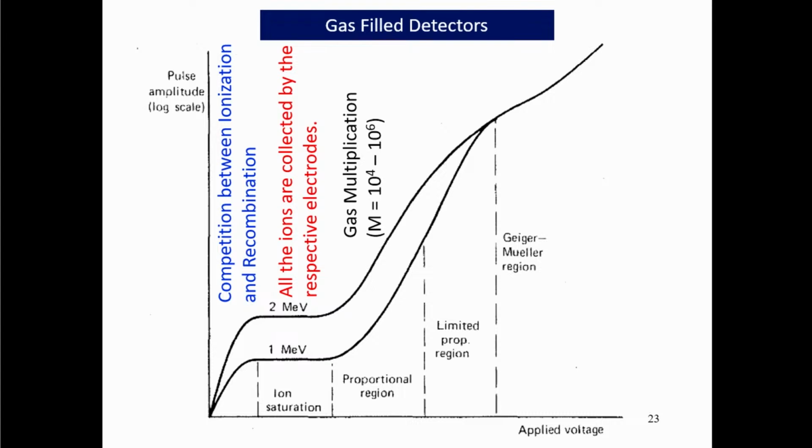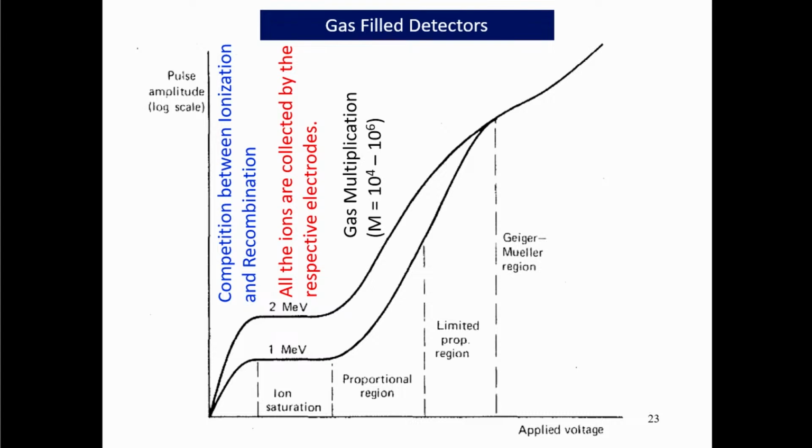From one primary interaction you had one avalanche, but it may so happen that one of the interactions did not make ionization but excitation, and during the de-excitation of that gas molecule it may emit some ultraviolet radiation. This radiation may again make another ionization, so you lose the proportionality. Now you do not have any proportional estimation. That is why this region is of no use; it is called the limited proportionality region.